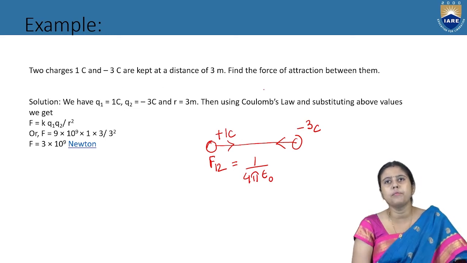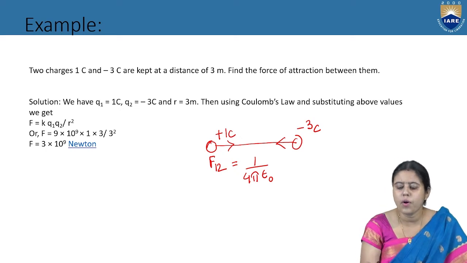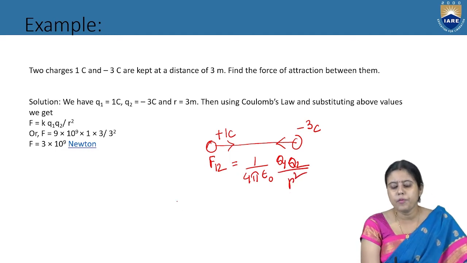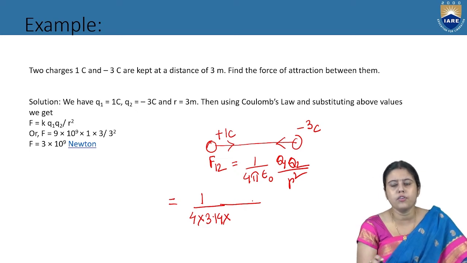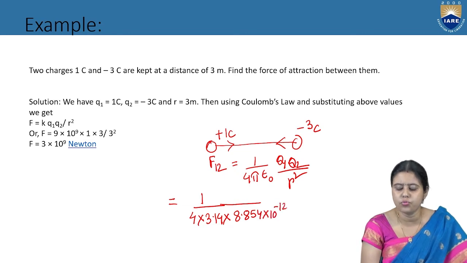Nothing is mentioned, so we will assume the medium is air. 1 by 4 pi epsilon 0 Q1 Q2 by R square. So if we put the values, pi is 3.14, epsilon 0 is 8.854 into 10 to the power minus 12.